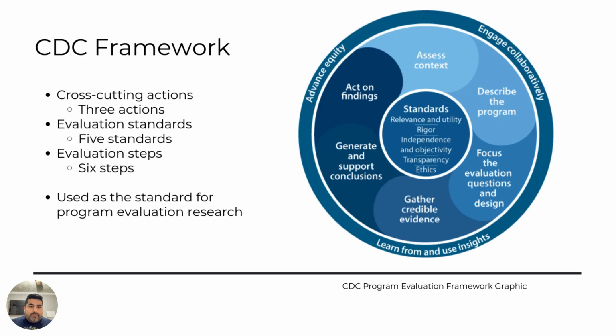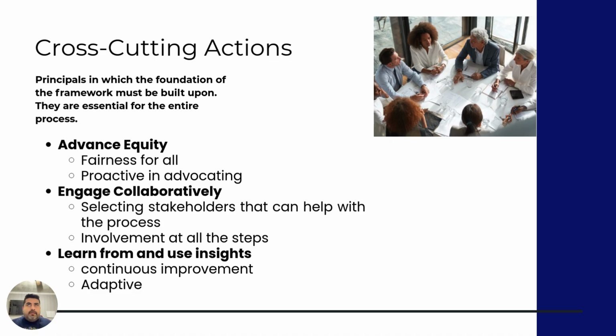And from the medical field, we do get the CDC framework as to how to go about assessing program evaluation. So we're going to first start looking at that outer band in this little diagram, and that is the cross-cutting actions. There are three actions, and they are basically the foundational principles on which program evaluation must be built.